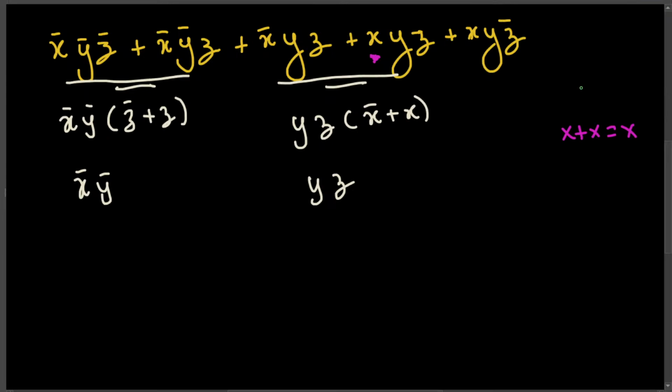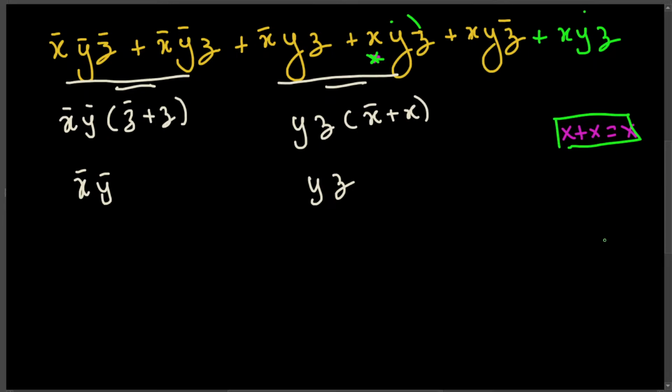If I add xyz right here, I can take xy common, and that's going to be z bar plus z. So that's going to be the same as this, where we can use the Boolean algebra property and make it 1. That's why I'm copying this one. I'm using the property that x plus x is equal to x. So I can copy the whole thing. If this is x and this is x, then x plus x is equal to x. So I expand it like this.